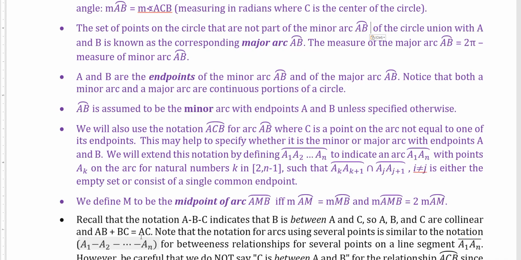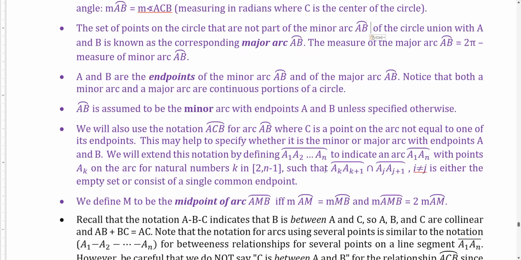Now, we're also going to extend this notation a bit to allow the arc symbol with A1, A2, A3 up to An, to indicate an arc that goes from A1 to An, but the points A2, A3, and so on, up to A sub n minus 1, are on the arc, for natural numbers k from 2 to n minus 1, such that the arc from A1 to A2 intersected with the arc from A2 to A3 only intersects at A2, and the arc A2 to A3 only intersects arc A3 to A4 at A3, and so forth.